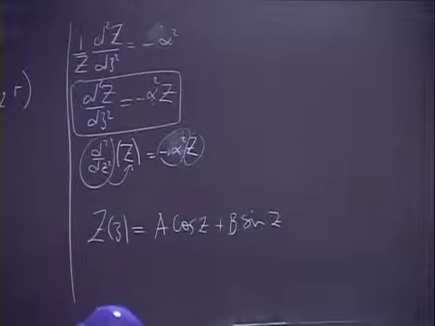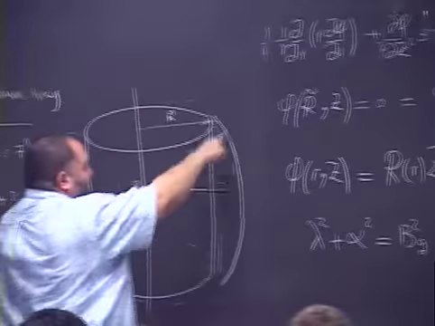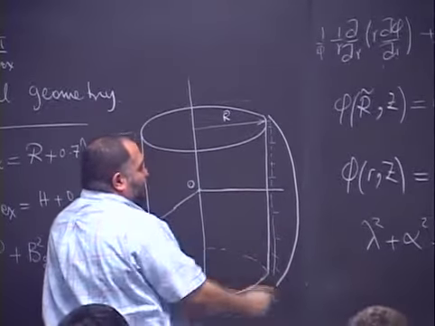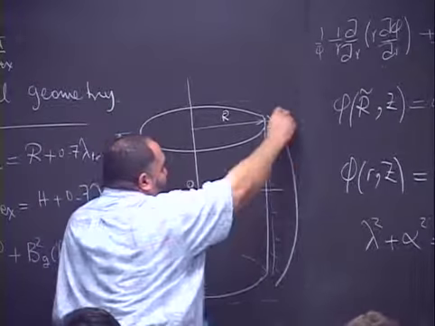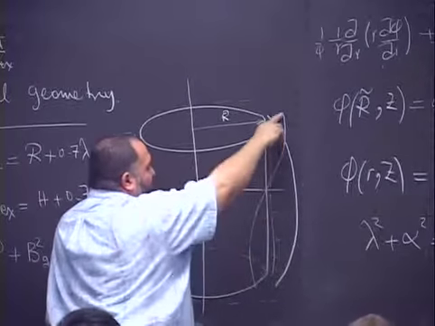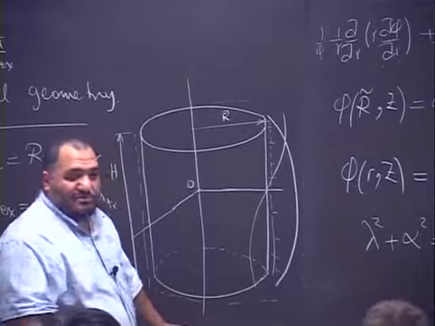So from symmetry, because this is the center here, I expect the flux will be maximum in the center, and 0 at the extrapolated distance. So cosine is the only function that will work for me. Sine will be like this. This is the sine. At 0 it is 0, and at the extrapolated distances, one is positive and the other one is negative.